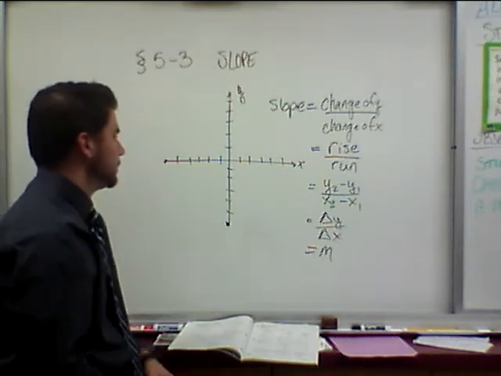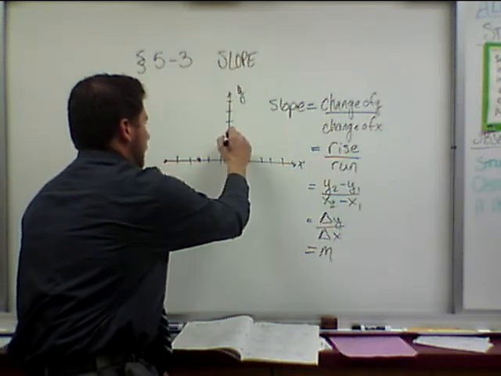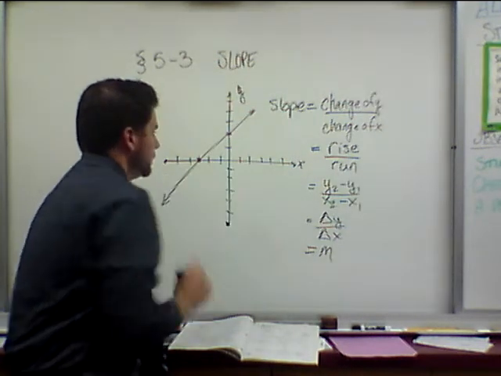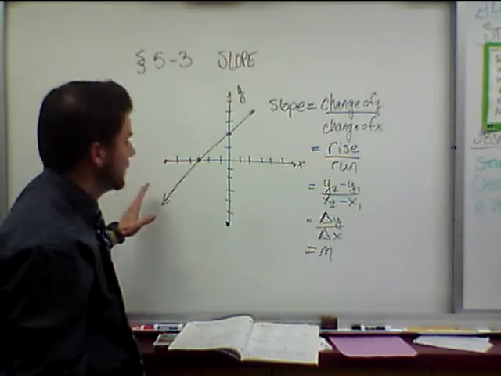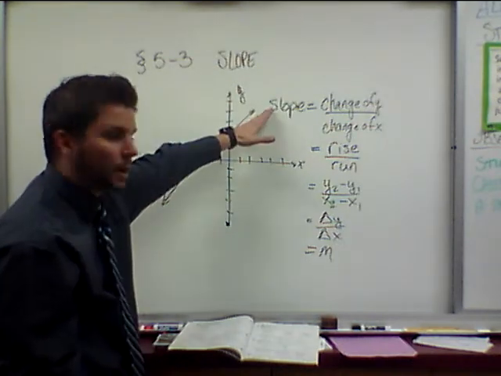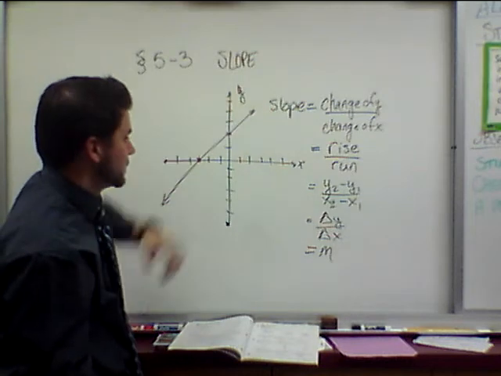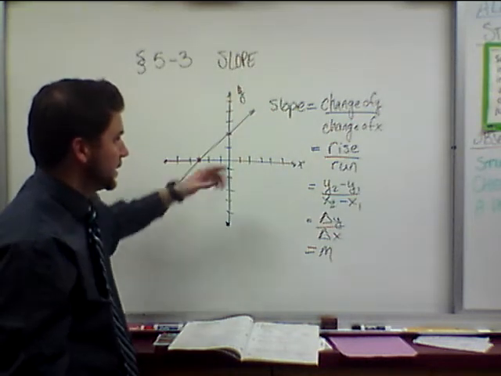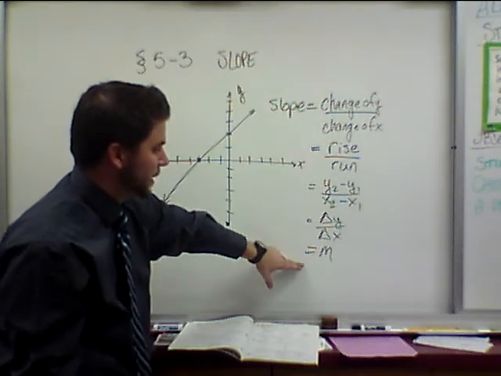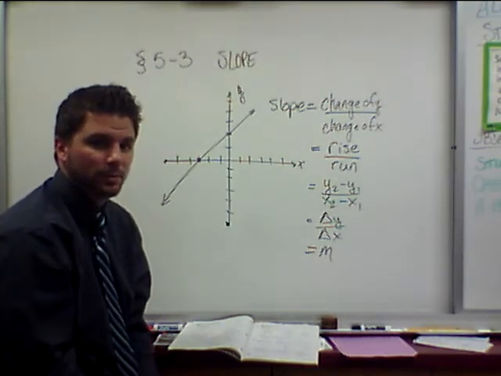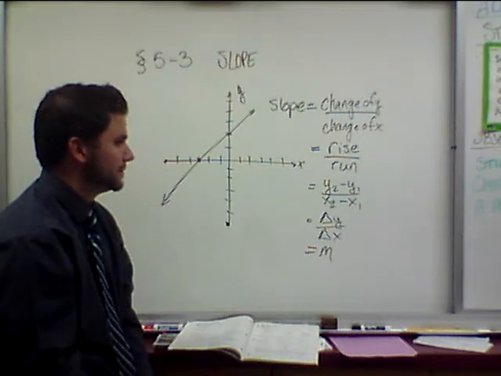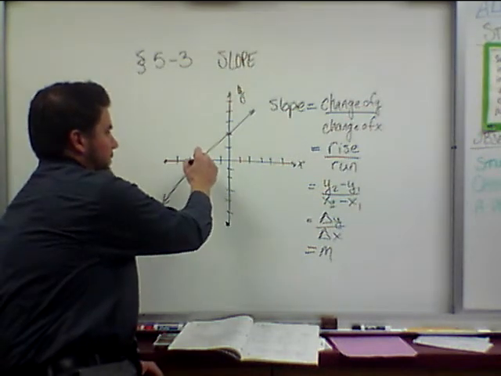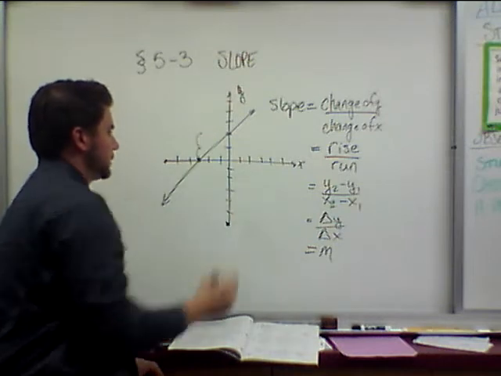So let's get into an example. The first example we have is a line that's going from left to right. It's moving upward, which means that it's going to have a positive slope. So if I wanted to, I can take this and go through any of these different ways of getting to my slope to find out what the solution should be. I have the vertical change, which means that I'm going up 1, up 2.